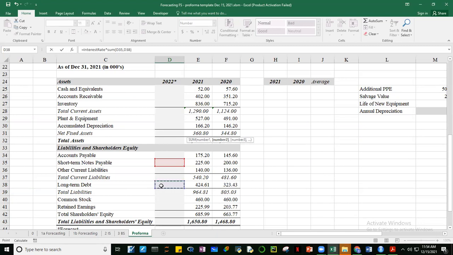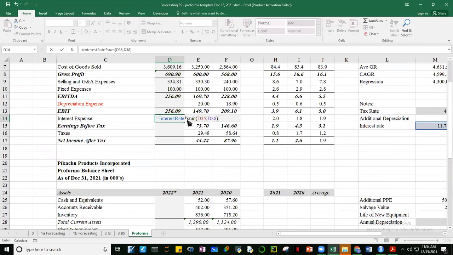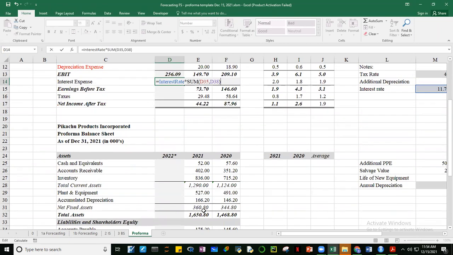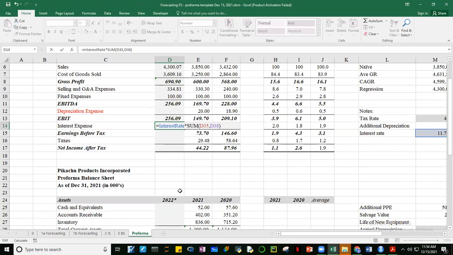Wala pang figures ngayon guys, hindi pa natin na-figure out kung ano yung value niyan. But we're now setting it up so that when naglagay na tayo dito ng figures, automatically maki-carry out na dito yan. Okay, ang kulang na lang natin dito yung depreciation expense.